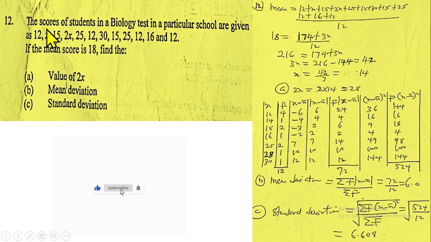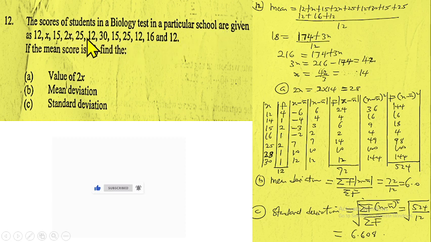So you are given a scattered data or an ungrouped data. In this case, we know the average of those data here, which is 18, or the mean of it. We have to find the value of 2x, which we cannot get unless we know the value of our x.